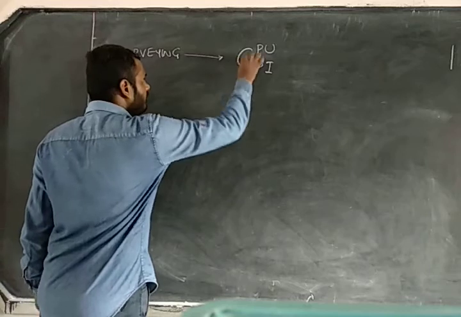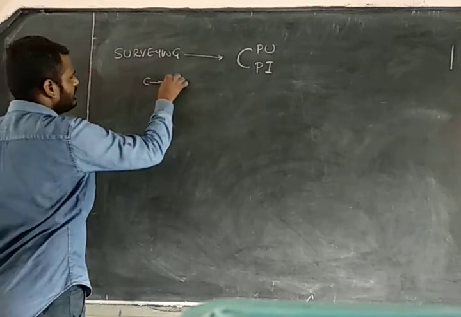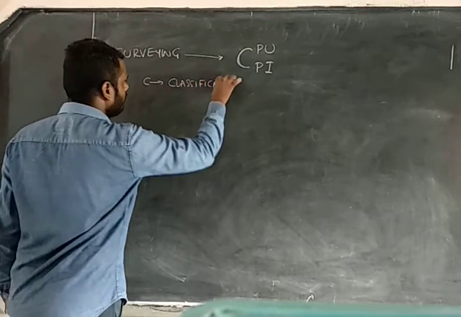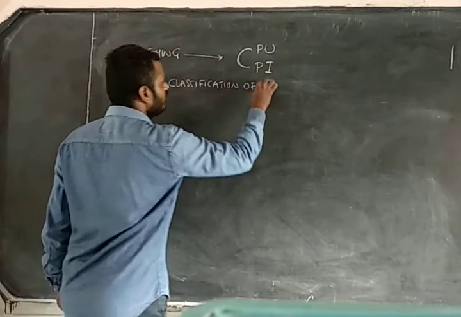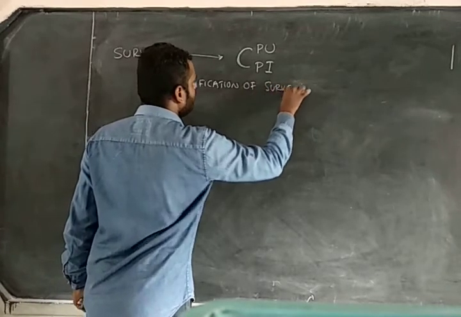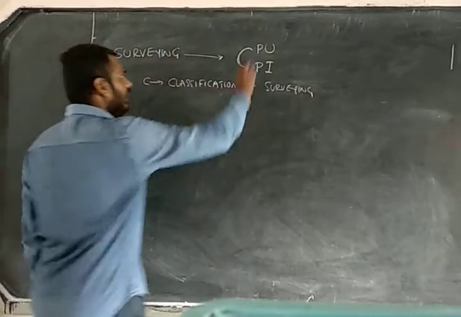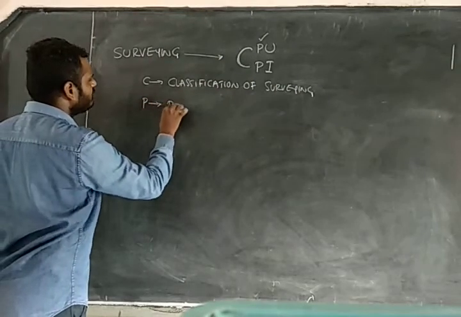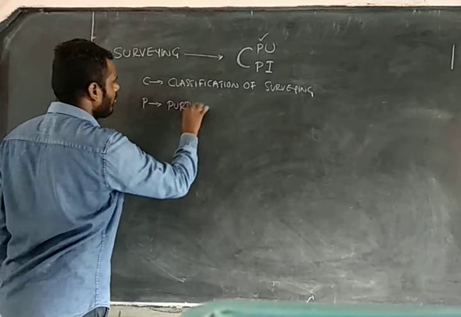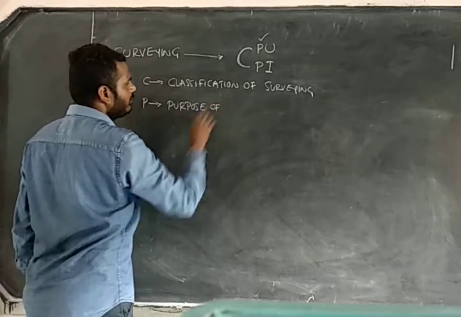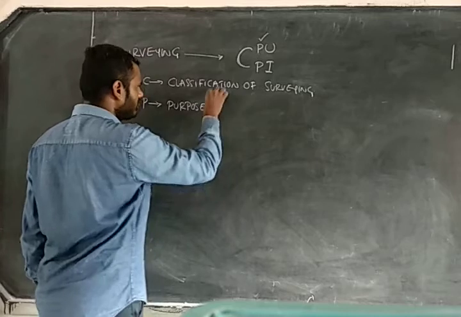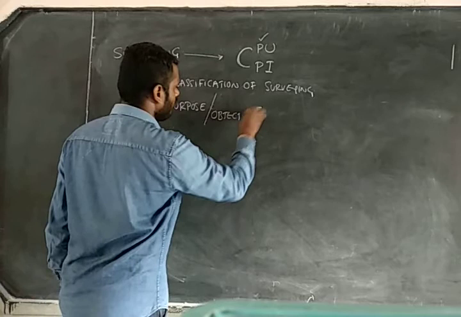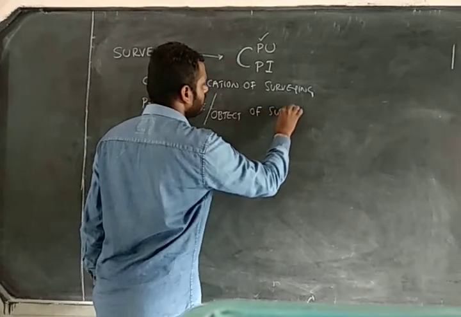where this C stands for classification of surveying. And whereas this first P stands for purpose of surveying. Purpose of survey, or you can also call as object of surveying.